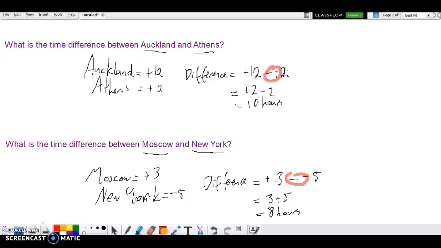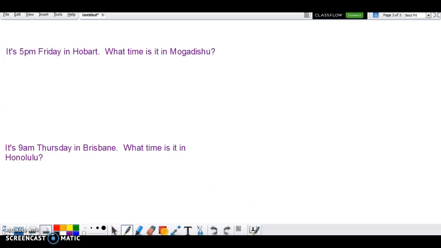Okay, let's try some more tricky ones. Here we go. It's 5 p.m. Friday in Hobart. What time is it in Mogadishu, capital of Somalia? Well, let's write down our two places. Hobart is this.